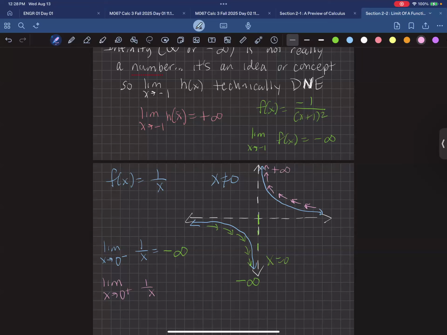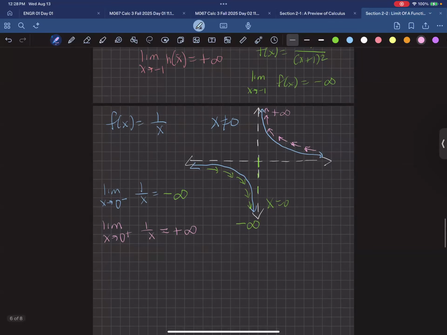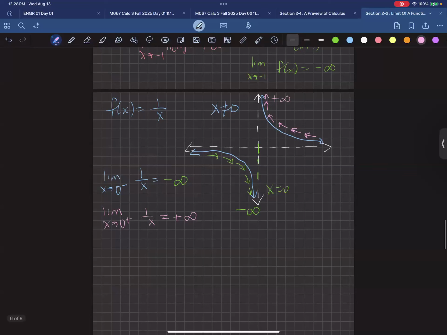It's going to positive infinity. Since those are not equal, one's positive, one's negative, this one we have to very specifically say the limit as x approaches 0 of 1 over x, DNE. It does not exist.